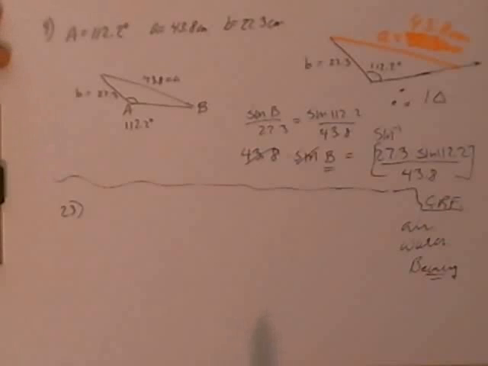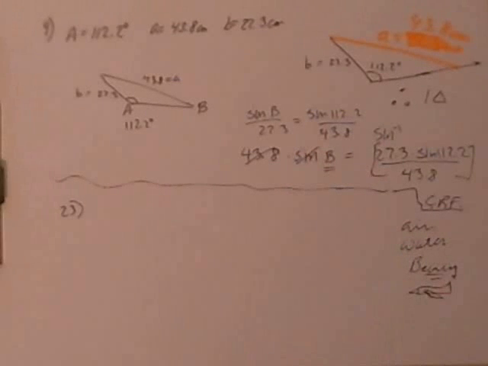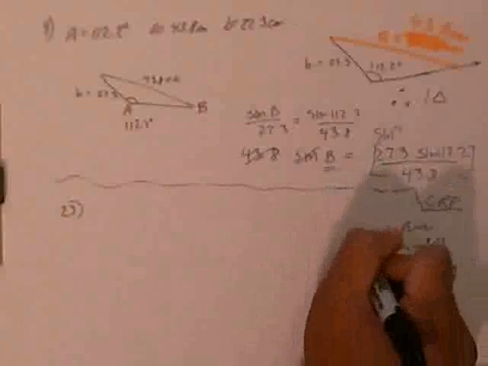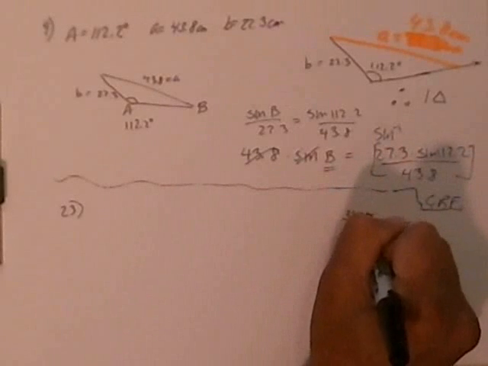A hot air balloon is held at a constant altitude, ground speed. Oh, it's an airplane. Okay, so you've got an airplane. A plane is headed east, so it's going east this way with an airspeed of 340 miles per hour.